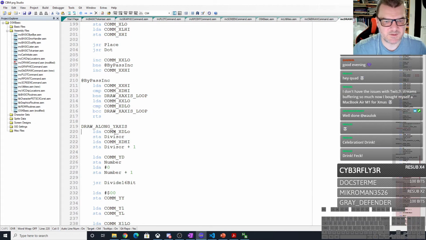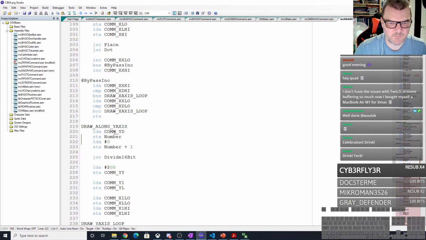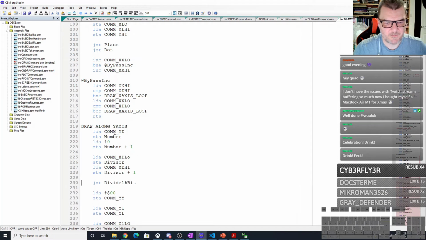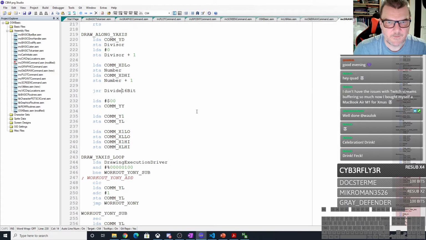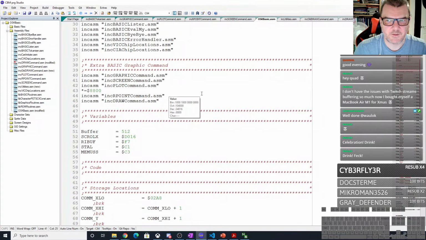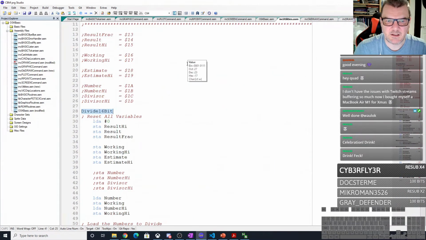We'll just swap this lot over, put that there, put that there. So now it's not number. Number goes there. Divisor is now the one, because we're now doing x divided by y, because y is the bigger number. Do the 16-bit divide, then all should be good, he says confidently. Now we need to include utilities.